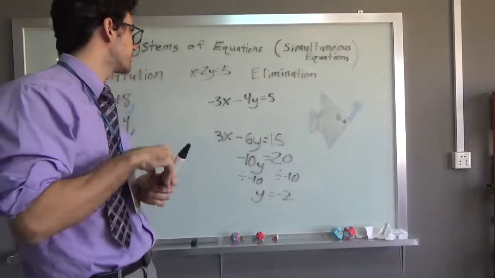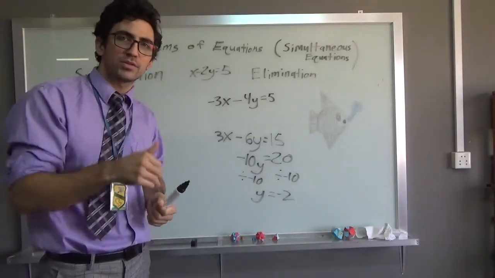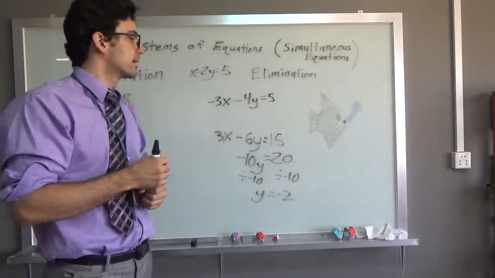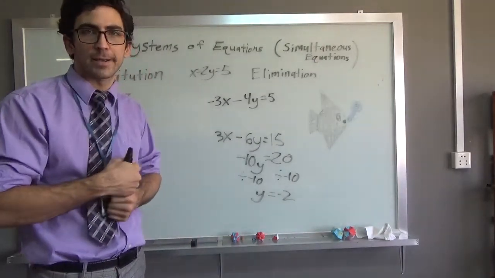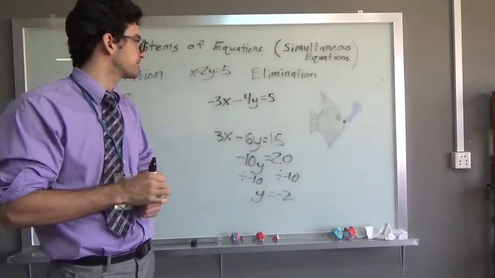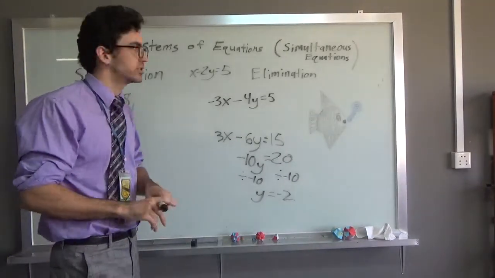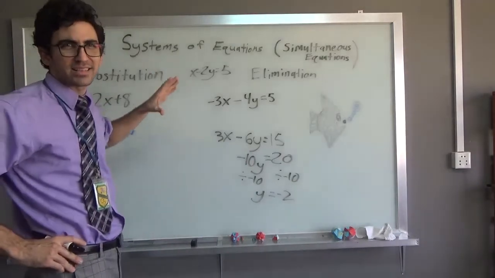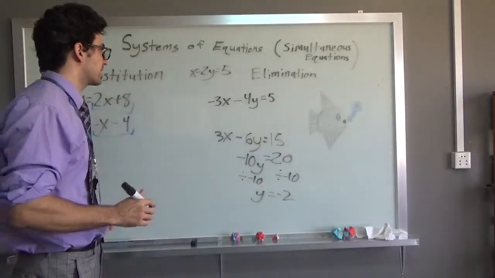Y equals negative 2. And now we go back and do the substitution method one more time. We plug in negative 2 for y, and solve for x. So now it becomes substitution again. Let's use the equation that we kind of set to the side, because that'll be the easiest thing here.